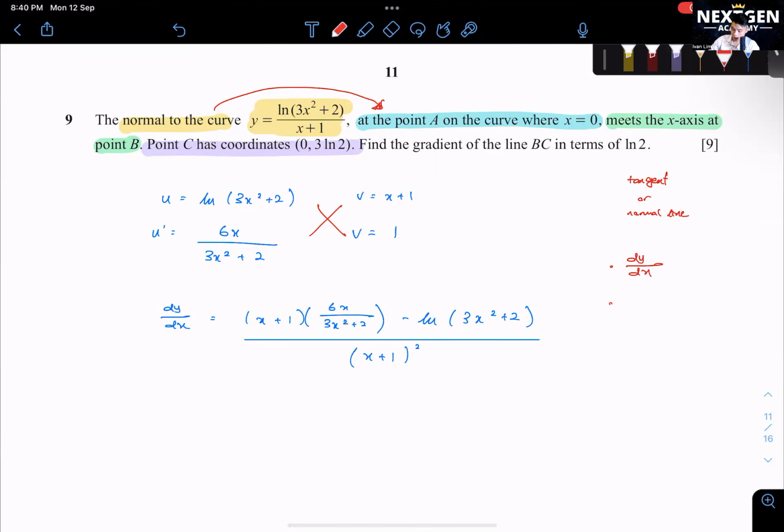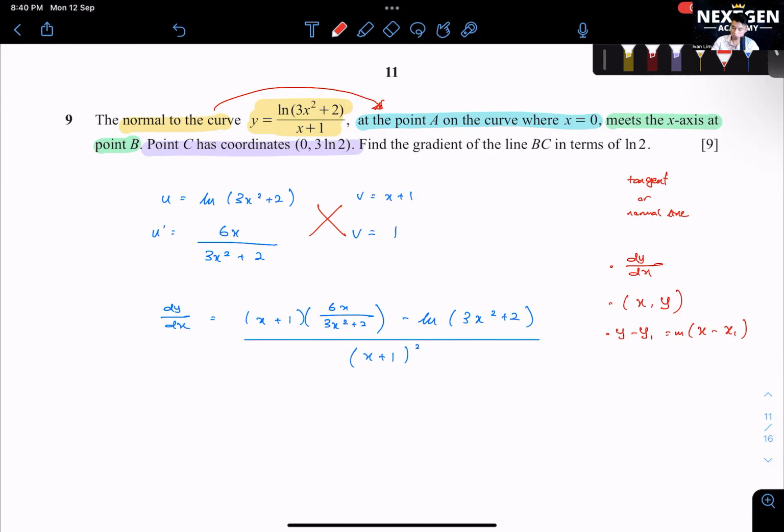Then I need my x and y. Then we sub into y minus y1 equals m times x minus x1.